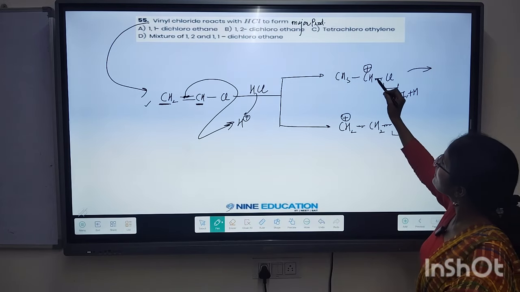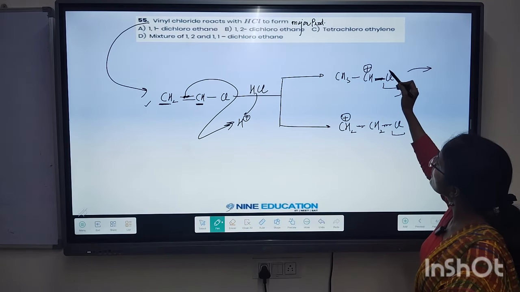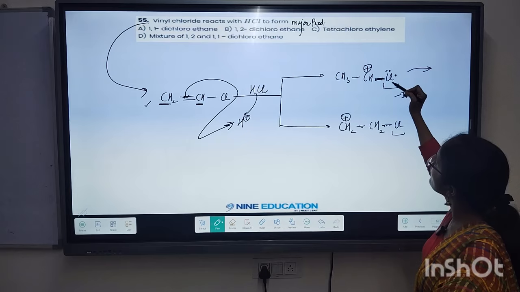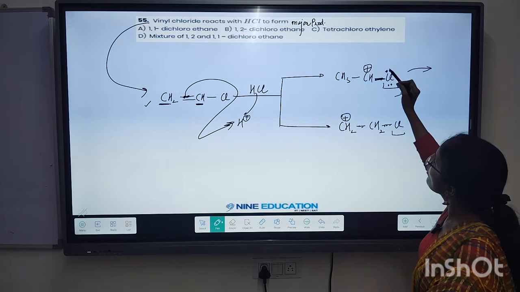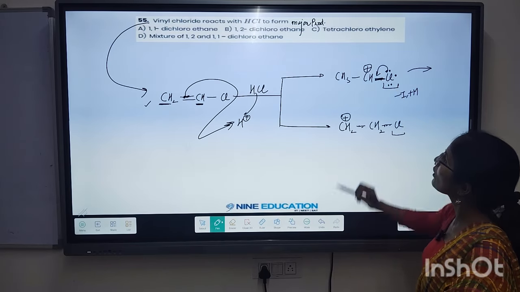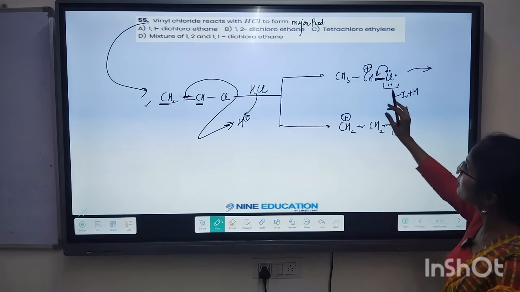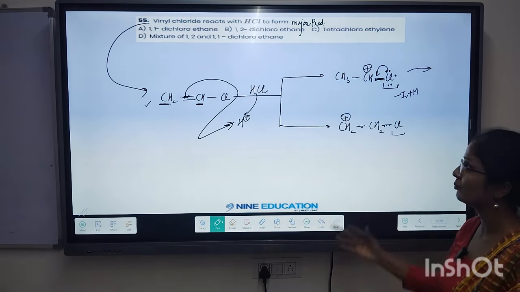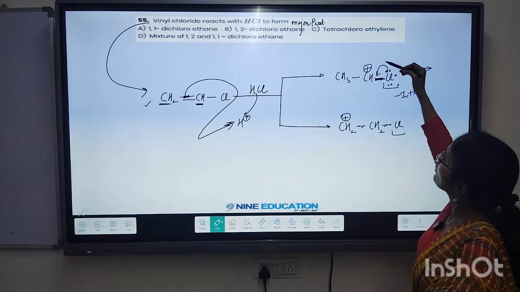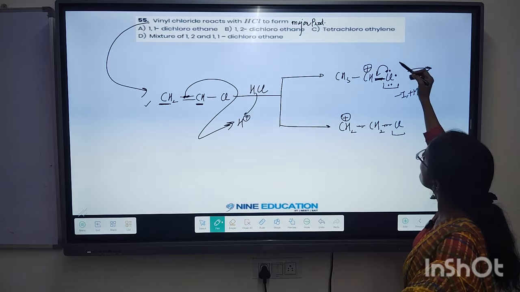But the carbon bearing the positive charge is connected to chlorine, which bears a lone pair. So chlorine will also be able to provide a plus M effect to the carbon, meaning this carbocation will be comparatively more stable than the second carbocation.